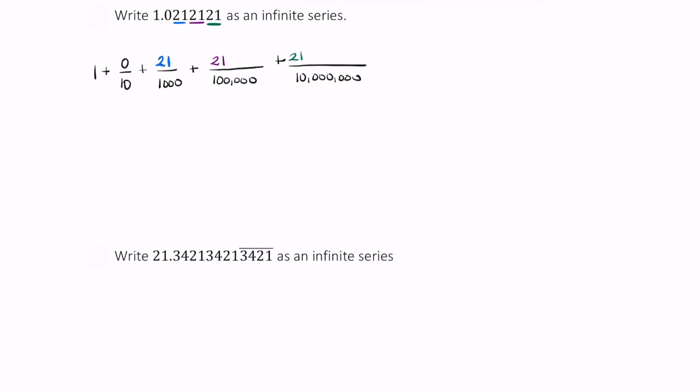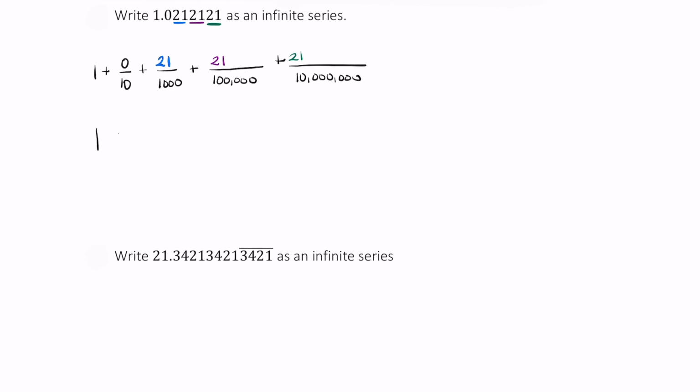Now, what is the pattern here? Well, it looks like every single time we add a fraction, we add some zeros in the denominator, that is some zeros after the 1, and namely we add 2 zeros at the end of each denominator. So let's see if we can figure out how to write this as a sum.